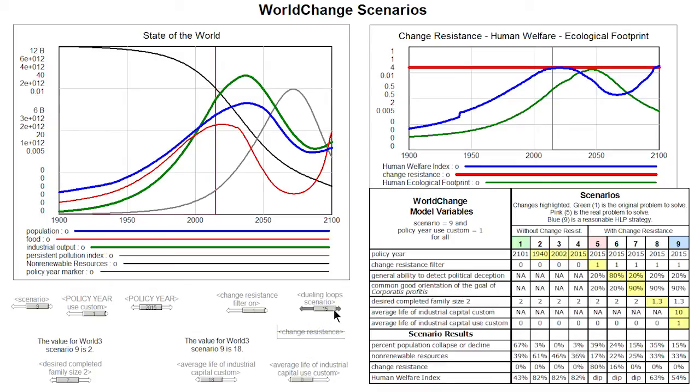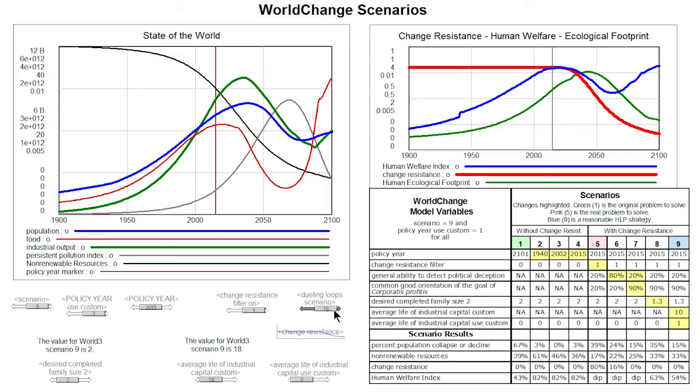We change this from 15 to 16. It's not much of a change, but over here it's a big change, because what's happening is we're starting to solve the change resistance side of the problem. This falls from high to low. The problem is now solvable, but we're not quite done, because there's a deeper root cause, the source of change resistance. That's the root cause that matters.